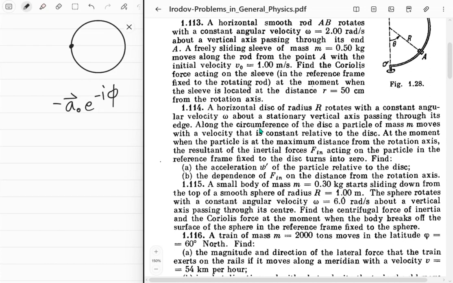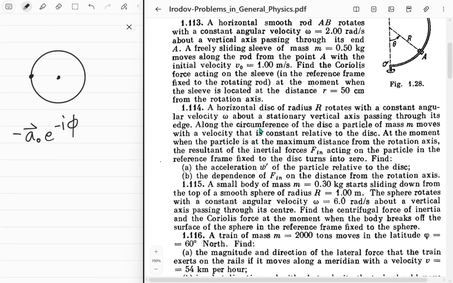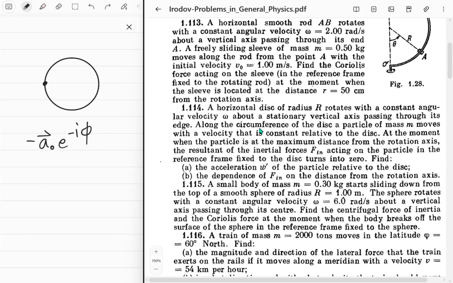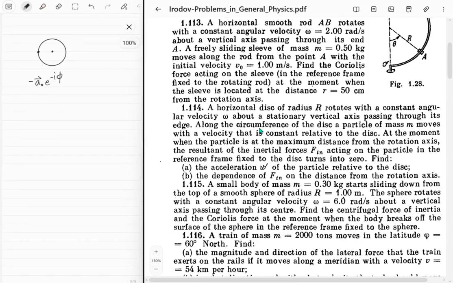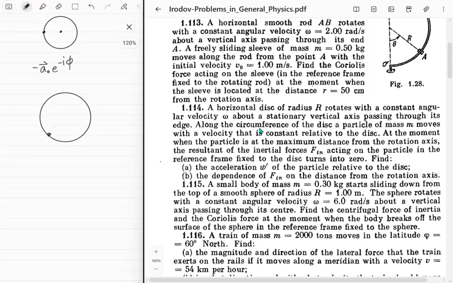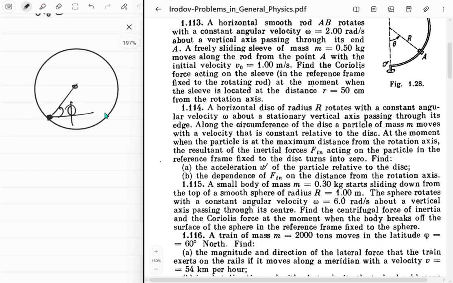But the fact is that if we take, let's say, this as the origin, then the angle that it makes with this thing, so if after some time this became like that, this is phi, and here's that origin. The acceleration on this thing, because it's rotating with constant angular velocity omega about this, let's just use omega naught for now, and later on I'll put in omega in the final answer.